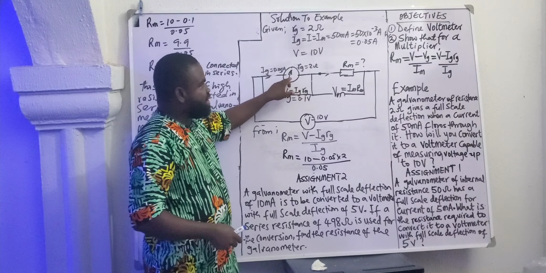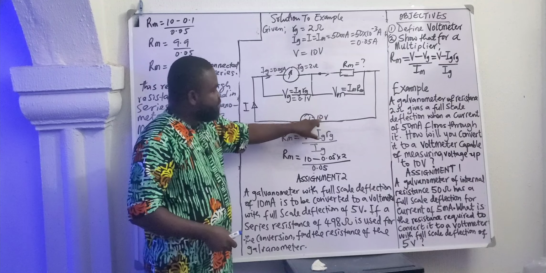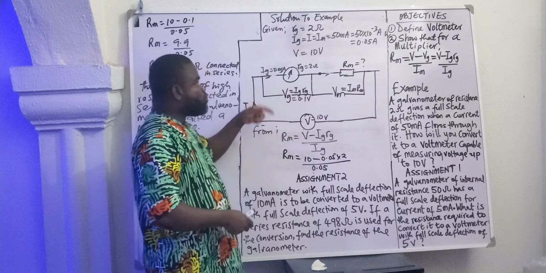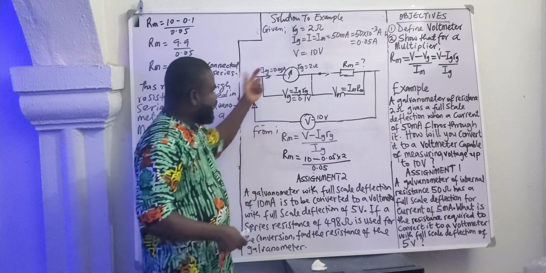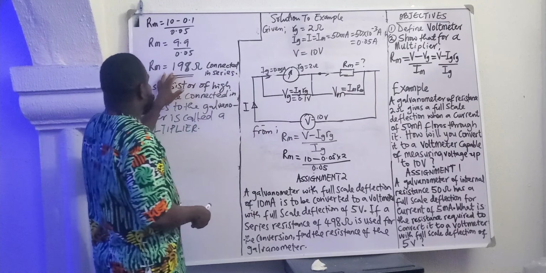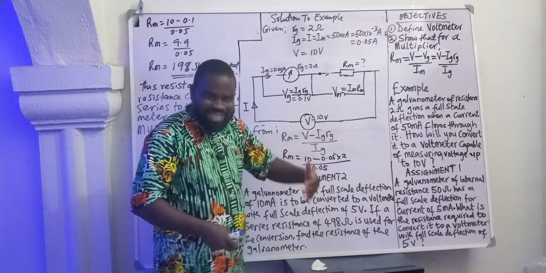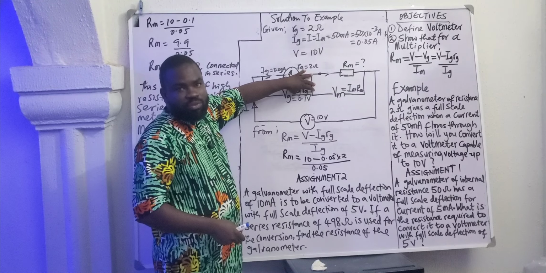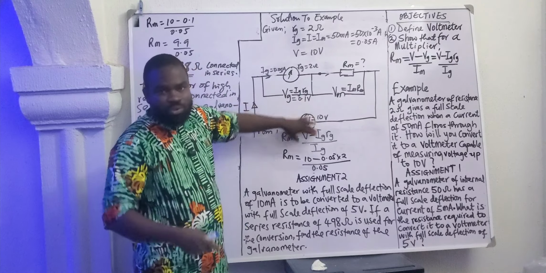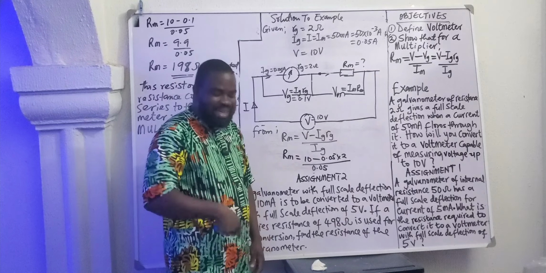The internal resistance of the galvanometer is 2 ohm, but the total resistance you need to withstand this voltage of 10 volts is 200. That is 198 plus 2. So by adding this multiplier with the value 198, you have boosted, you have increased the internal resistance of this circuit. Hence, it is able to withstand higher voltage.